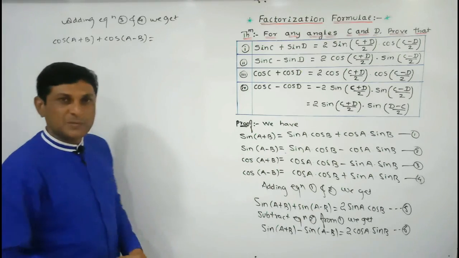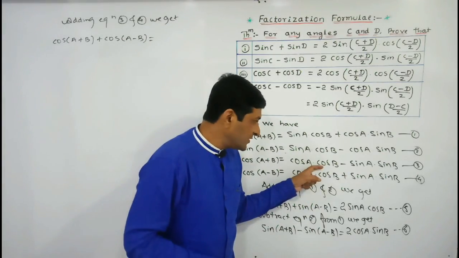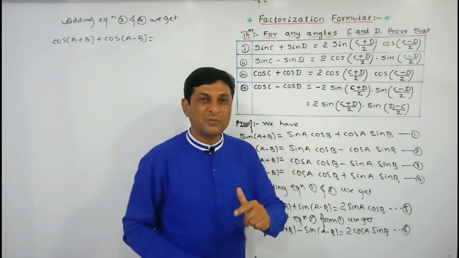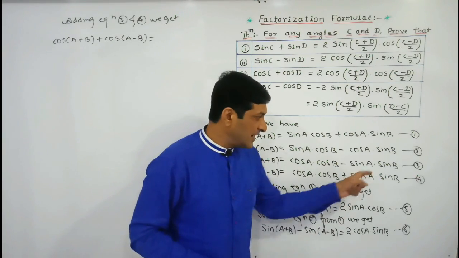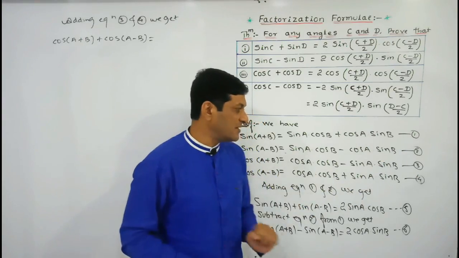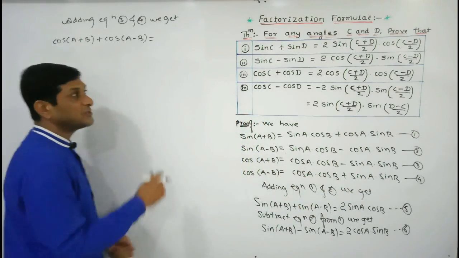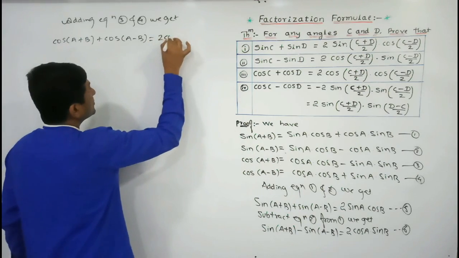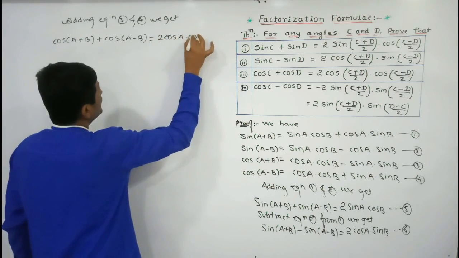Now observe the addition of the right hand side. Cos A cos B plus cos A cos B will be 2 cos A cos B, and minus sin A sin B plus sin A sin B will get cancelled. So on this side, the addition gives 2 cos A cos B.